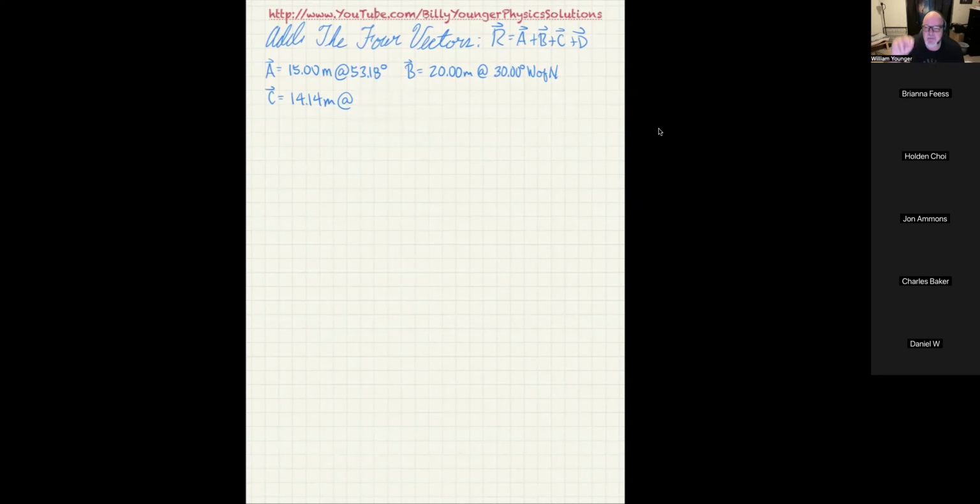If I go counting 0 degrees north, I roll over to east, that's 90 degrees. I get down to south, that's 180. If I get to 270, then that's due west, or the negative x direction. So I need 45 less than 270.